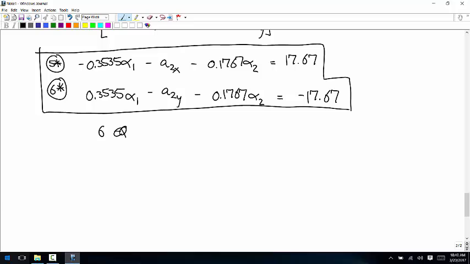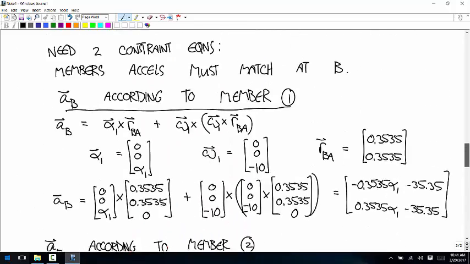Now we have 6 equations for 6 variables, and we can solve it. Well, you set them equal, and then I moved everything over to the other side. Let's see. Yeah, that does seem like it would be.